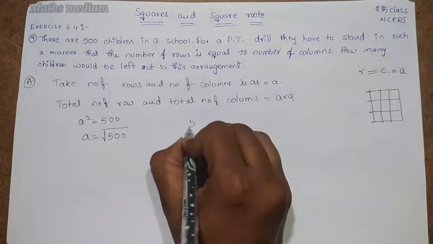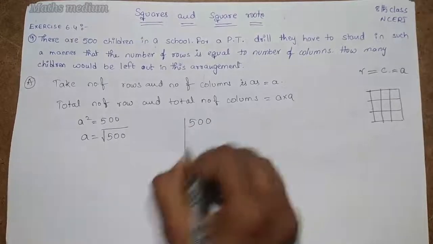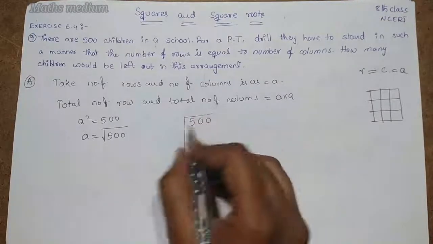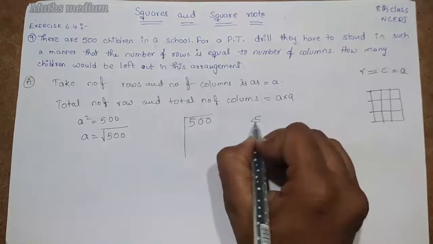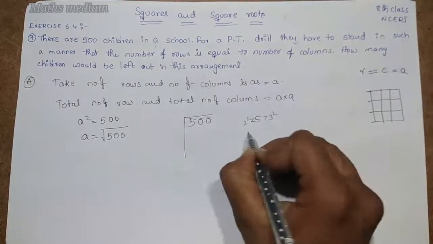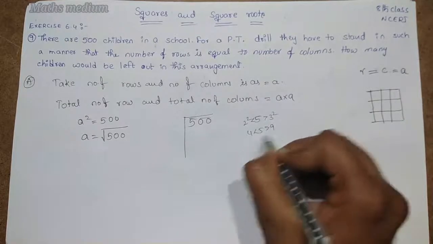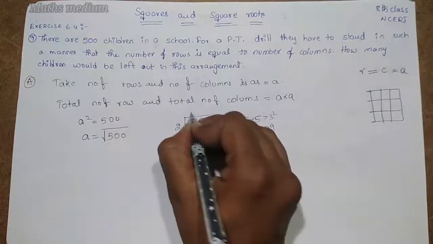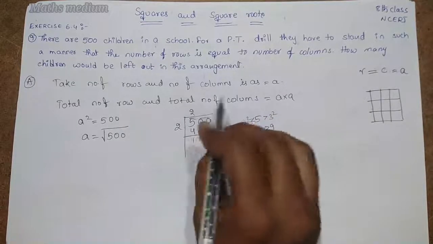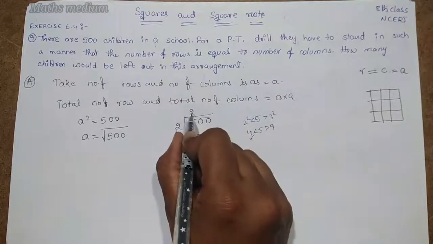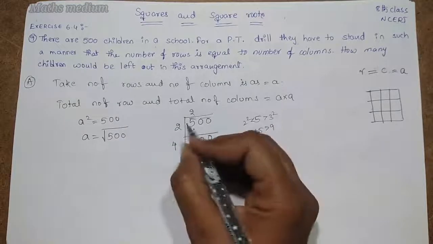So take the division method for finding the square root. Make the pairs. Here 5 is in between 2 square and 3 square, 4 and 9. 4 is the better one. So 2 2s are 4. Here 1 is left. Write down the zeros as they are and make the quotient double. So 4 here.